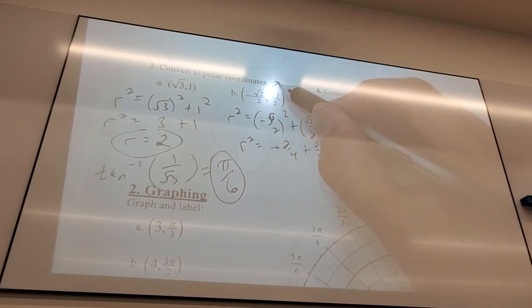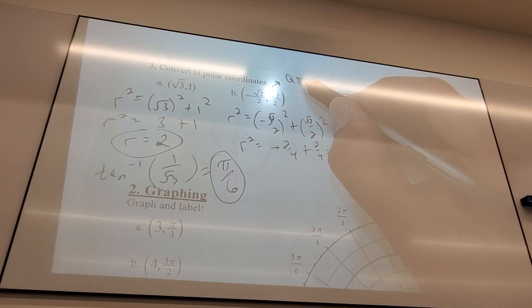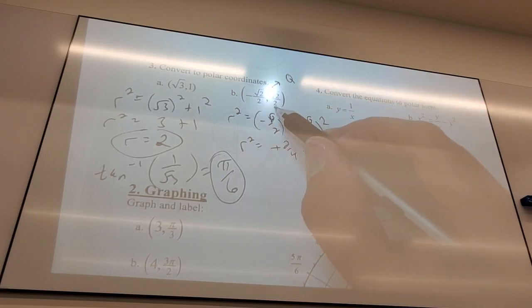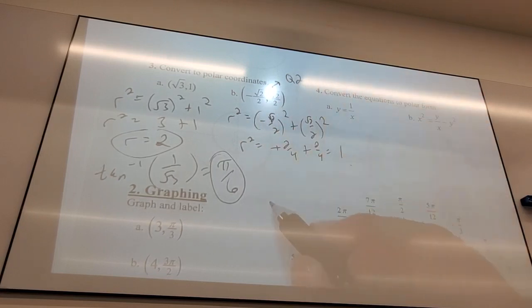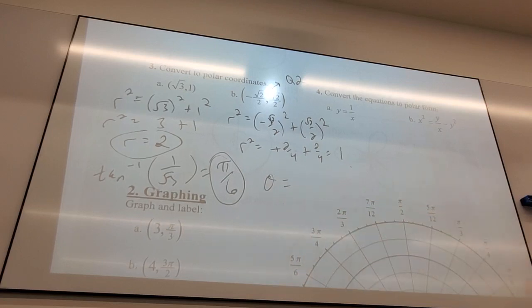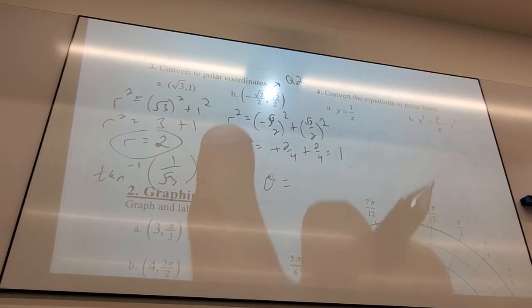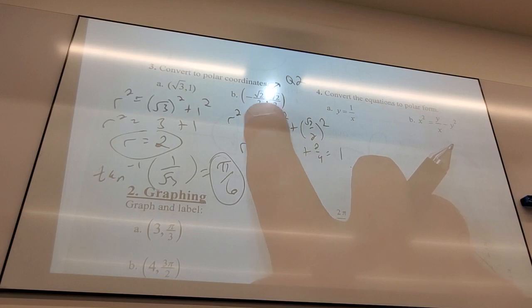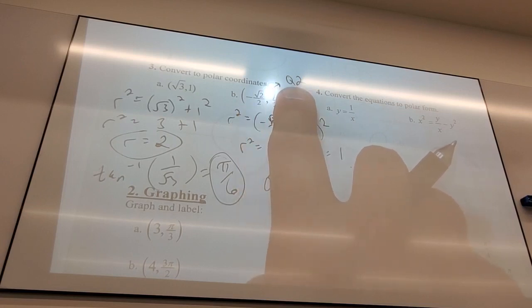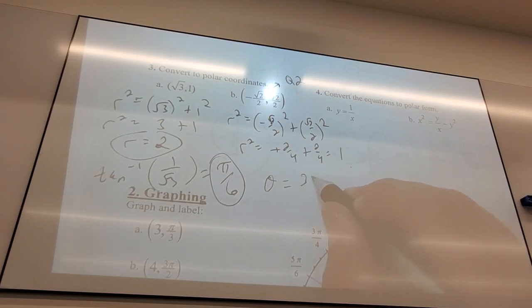What quadrant is this in? I have a negative x and a positive y, so it's the second quadrant. My angle has to be in the second quadrant, and I know it's going to be a 45 degree, pi over 4, angle. So what pi over 4 angle is in quadrant 2? 3 pi over 4.